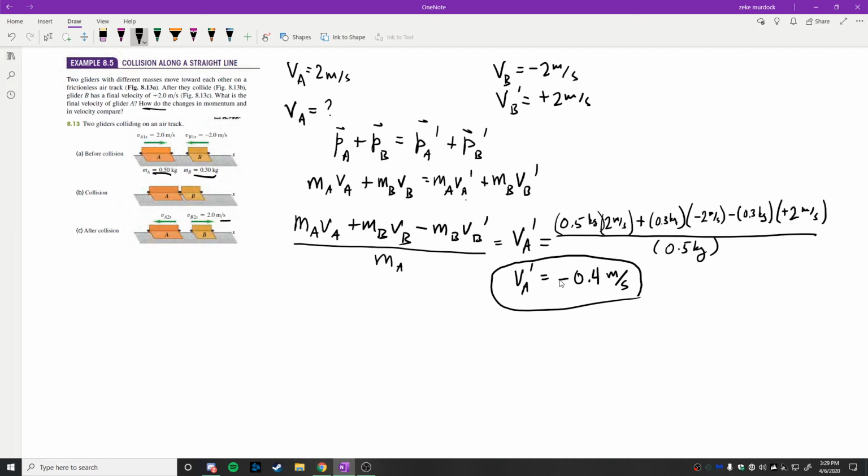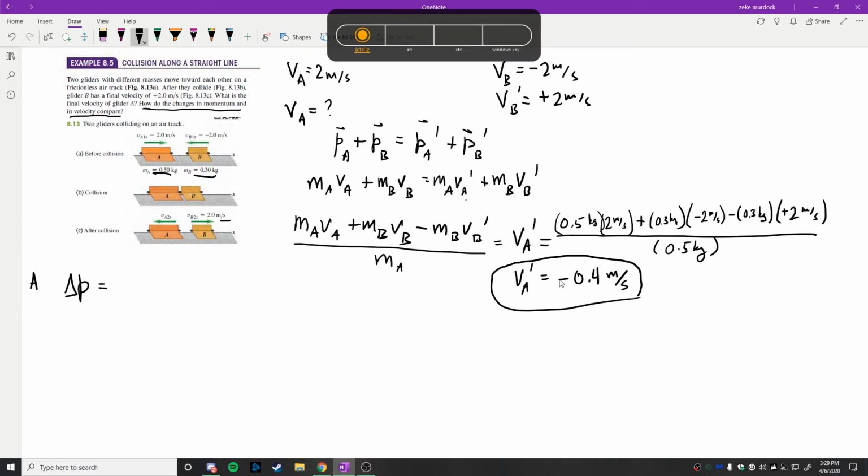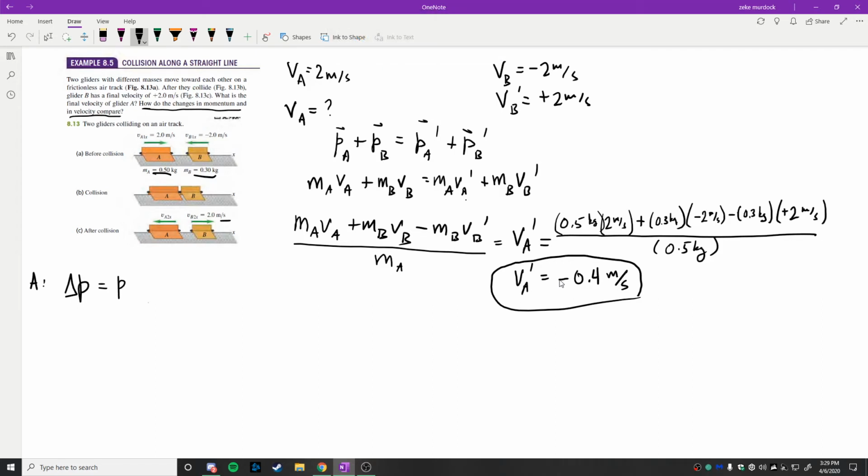That's part A. We also want to figure out how the changes in momentum compare. Let's take this one at a time. So the change in momentum for ball A would be basically PA prime minus PA. So this is going to be the mass of ball A multiplied by VA prime minus VA.